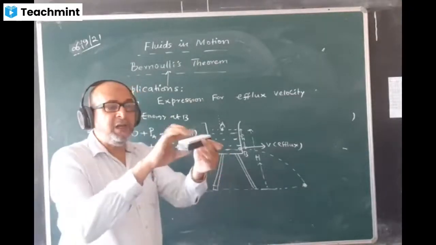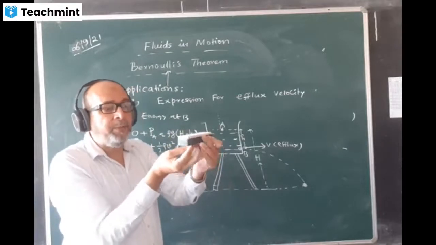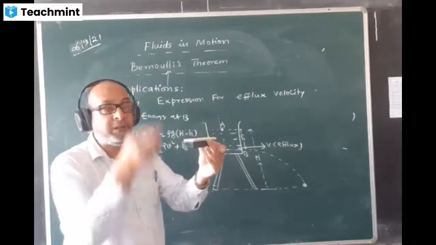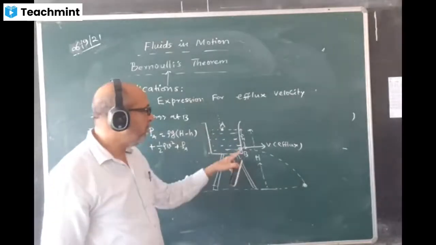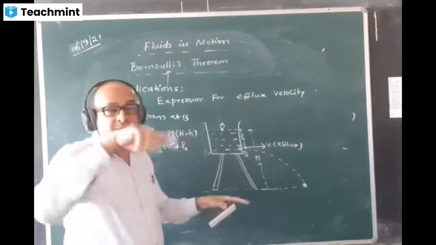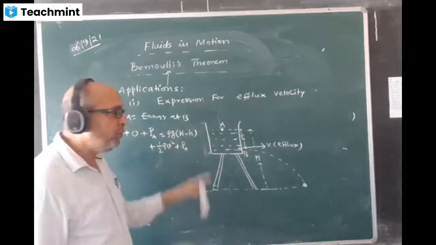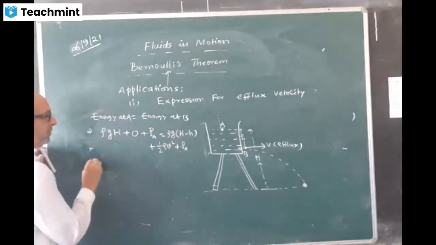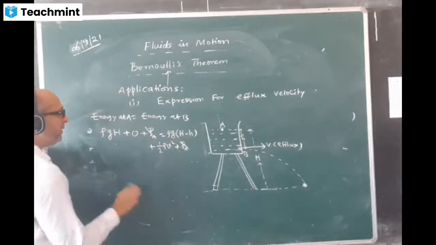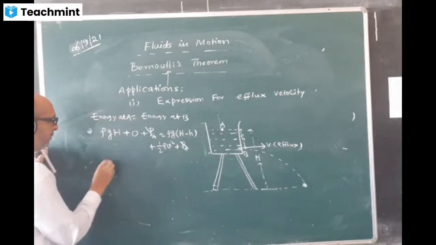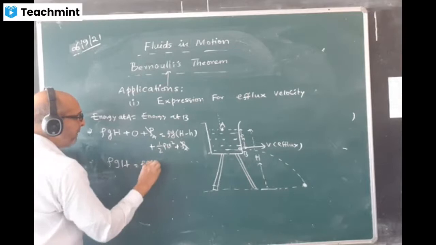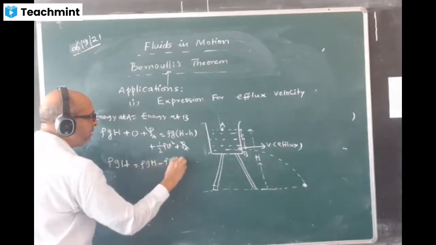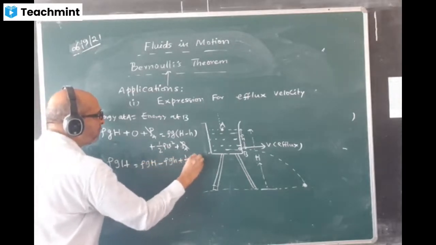If anything is below the liquid level, it will have two pressures, atmospheric plus the liquid pressure. The hole is exposed to air only, so only atmospheric pressure. Let us simplify now. PA cancels. Here we get rho g H equals rho g (H minus h) plus half rho V square.